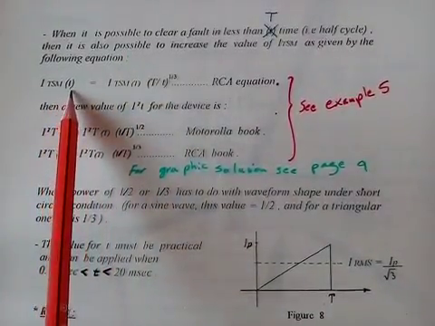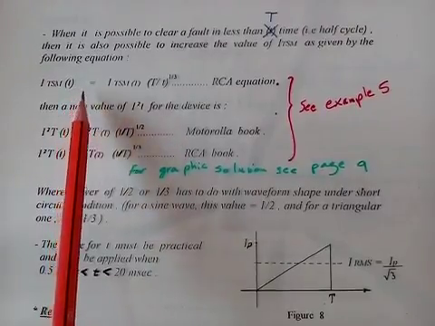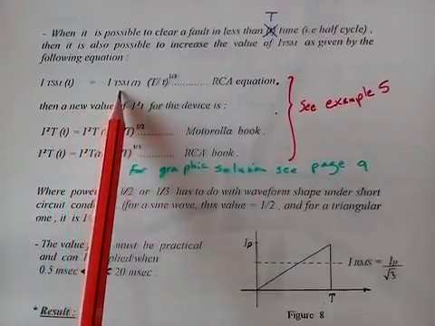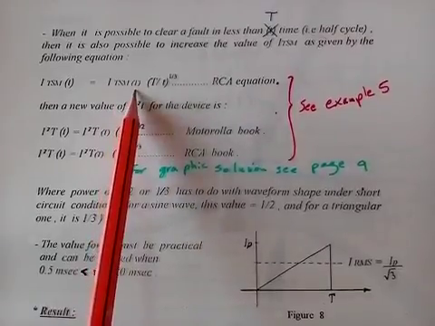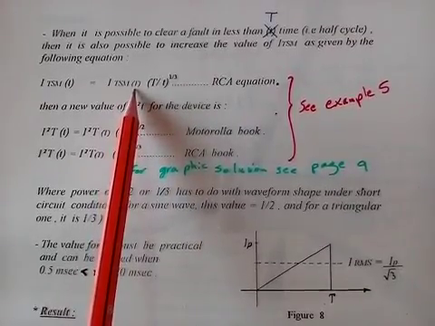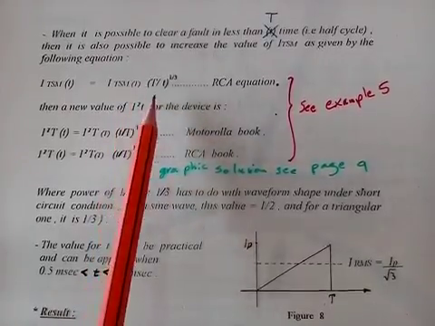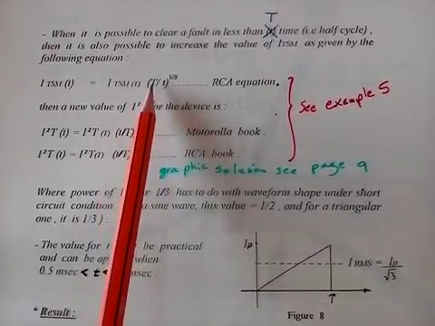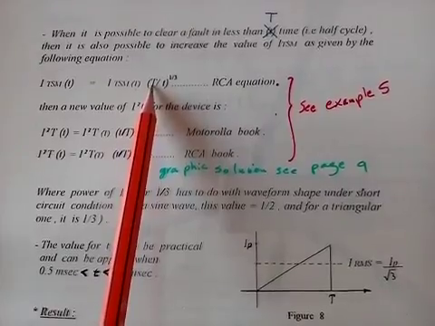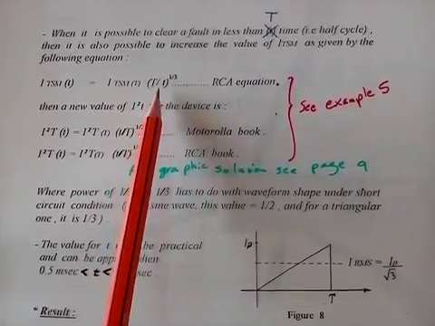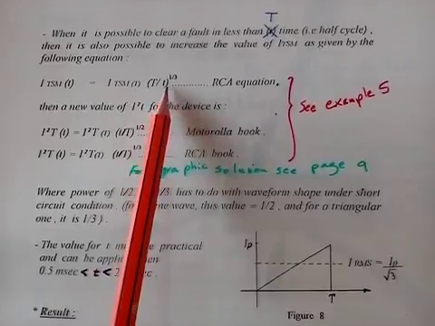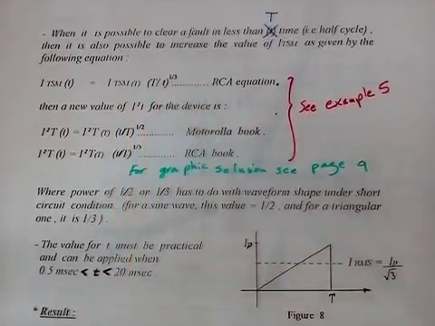ITSM sub t, the smaller duration, would equal the ITSM as a half cycle, the 10 milliseconds or 8.33, okay, multiplied by capital T divided by the small t, all raised to the power of 1/3.